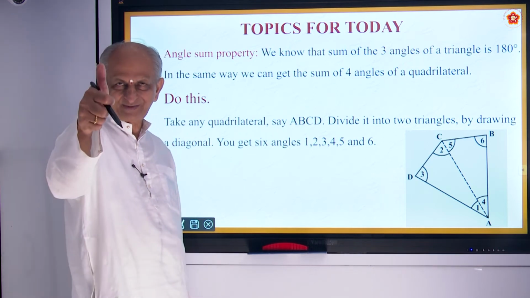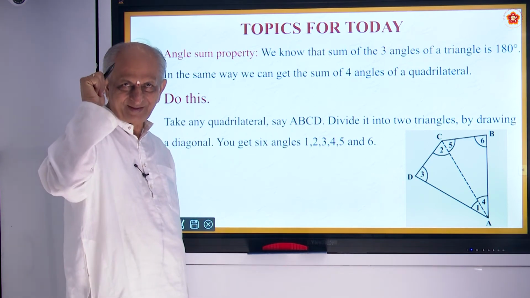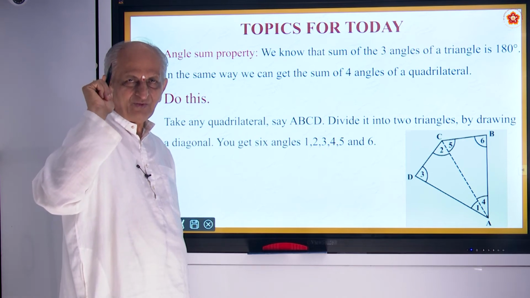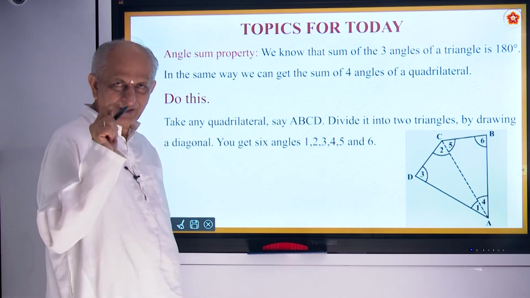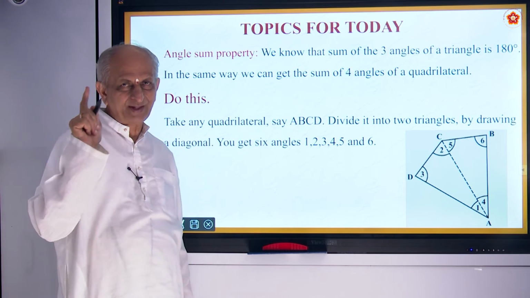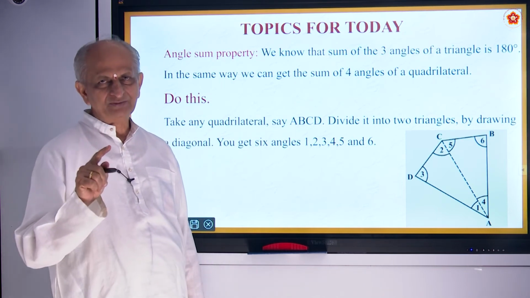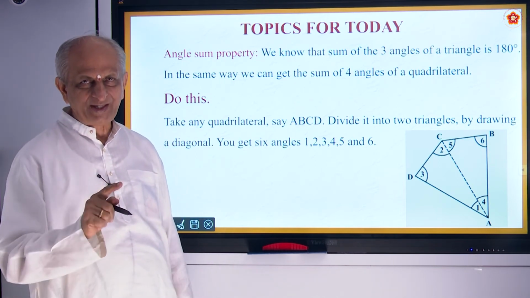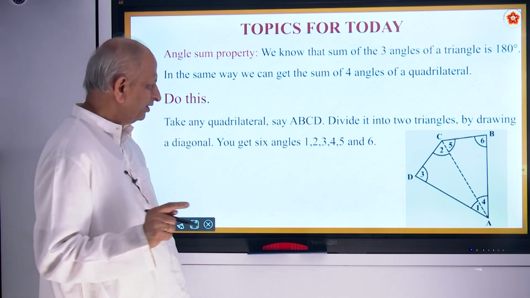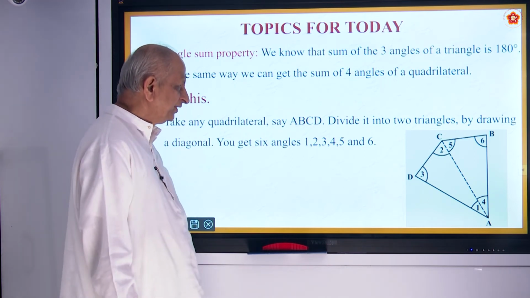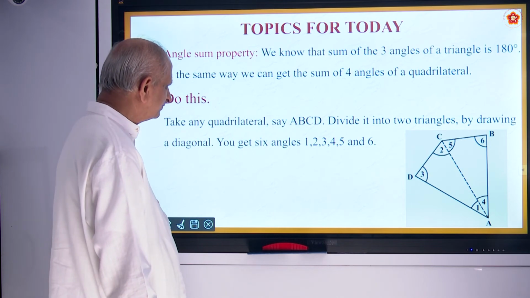How many right angles? 360 degrees means 4 right angles. 1 right angle is 90, 2 right angles 180, 3 right angles 270, 4 right angles 360 degrees. Correct?